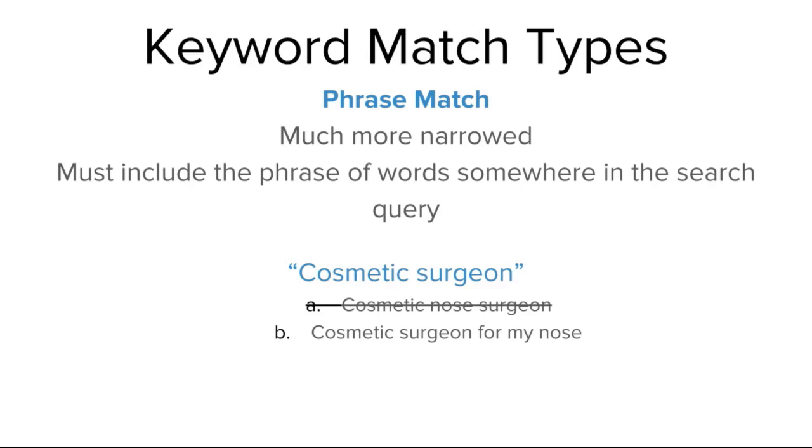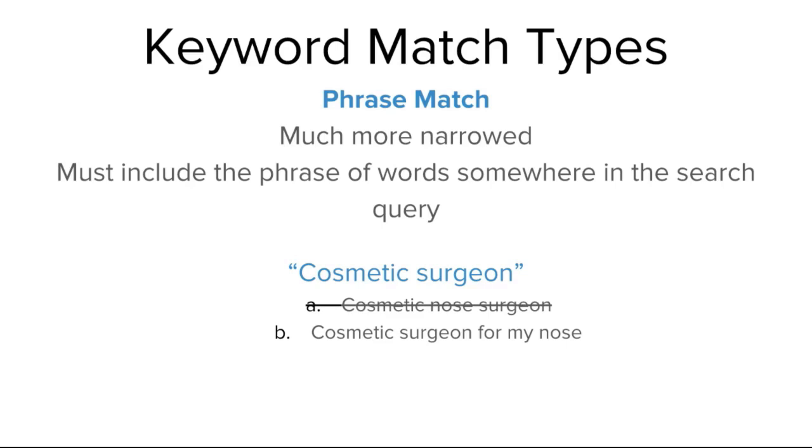So in this particular example with the cosmetic surgeon example, I want it to show up with cosmetic surgeon, and it has to be in that order. So before, with our broad match modifier, it could have shown up as surgeon cosmetic, not that really somebody would have done that, but you get the point. It didn't have to be in that order. It just had to contain those words.